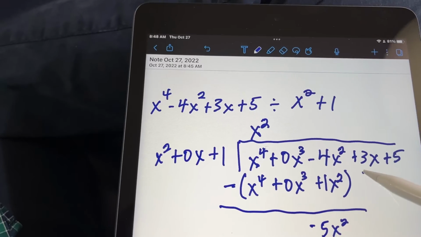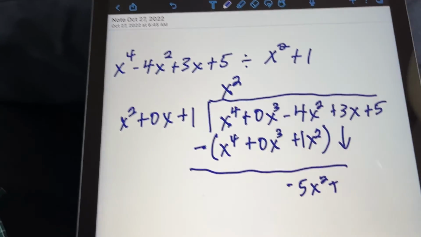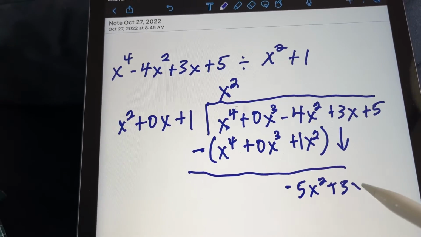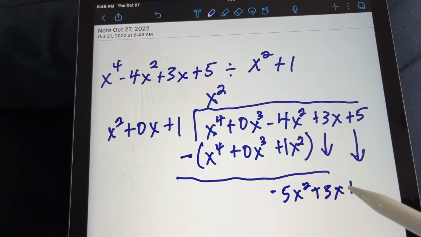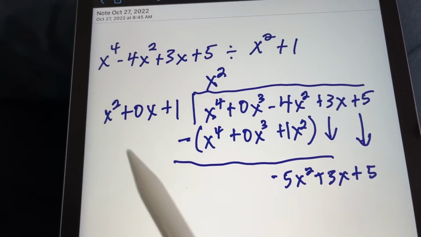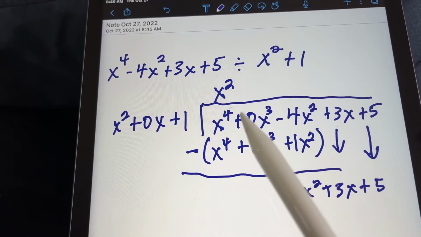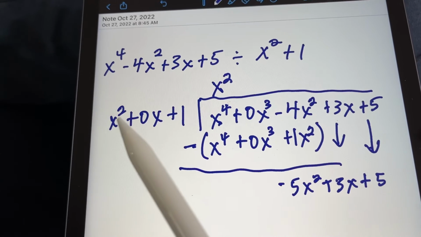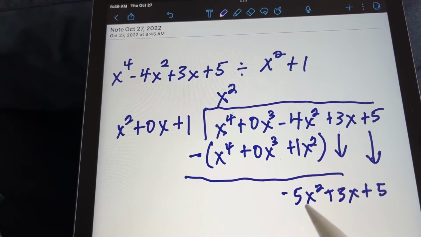And then I'm going to go ahead and bring this 3x down. And I'm also going to bring this 5 down so that I don't forget about them. So this is what I have at this point. Now I'm going to go again, but this time I'm looking just here and there. So what could I put up here times x squared that would be exactly negative 5x squared?